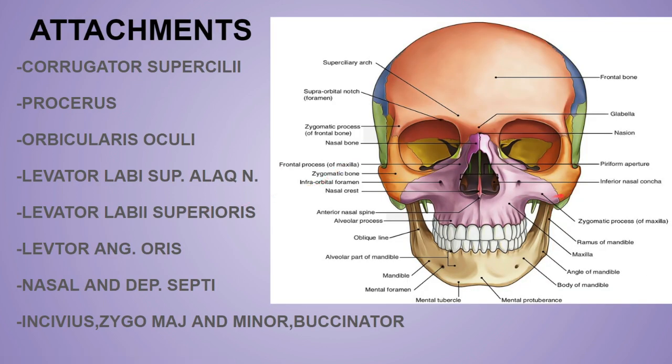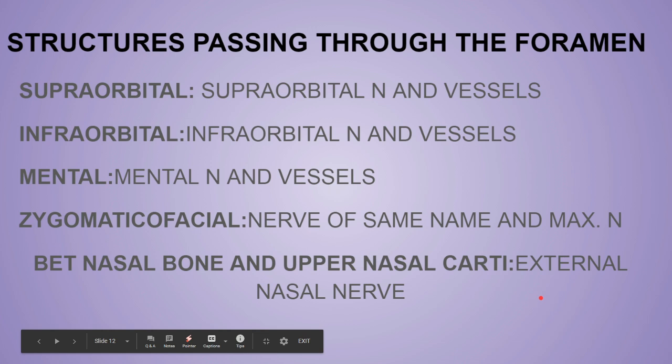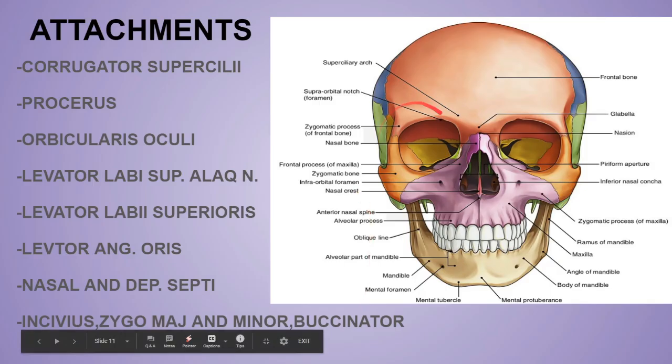The zygomaticofacial foramen is at the zygomatic process, somewhere over here. It mainly passes the nerve of the same name, the zygomaticofacial nerve. Remember one more important thing: the external nasal nerve emerges between the nasal bone and the upper nasal cartilage.